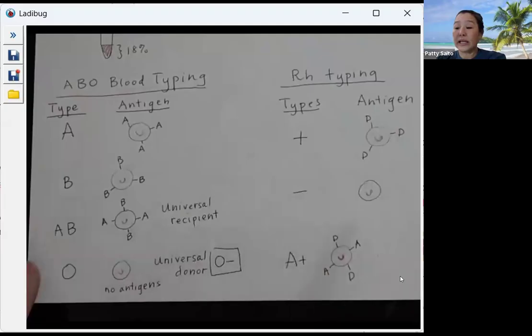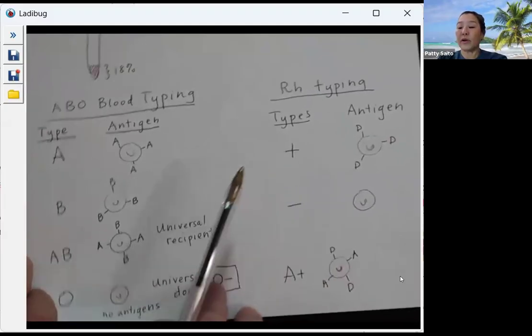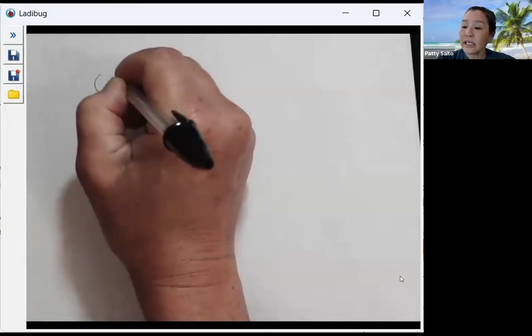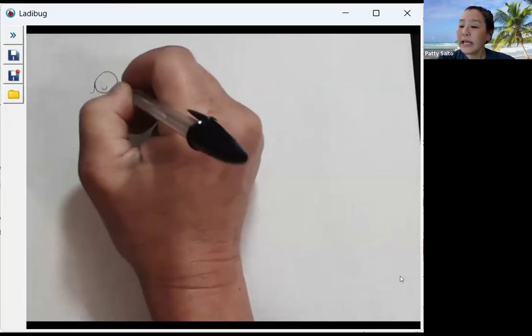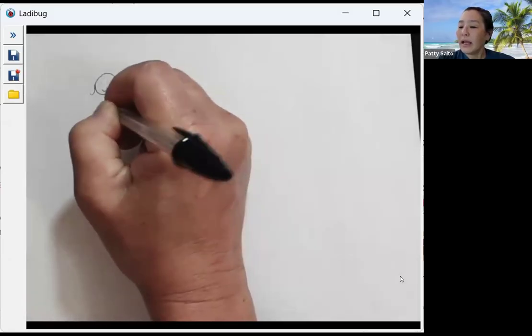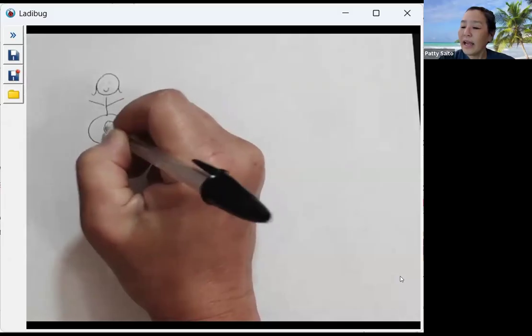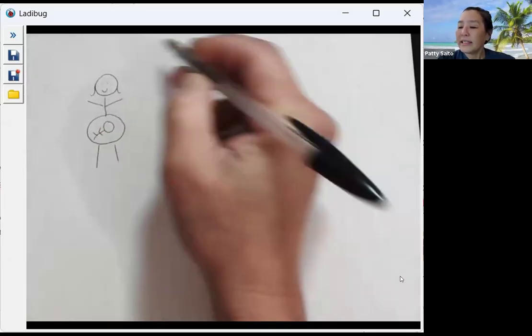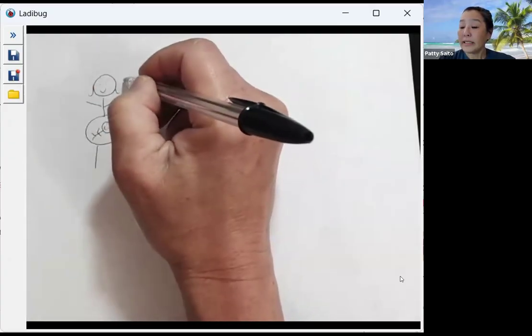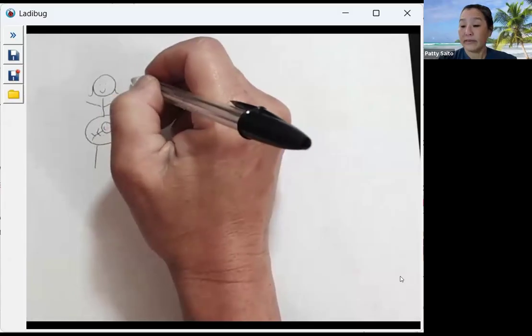So really quickly, what does this mean for, let's say, babies? You may have heard of blood typing being important in giving birth. So let's look at a condition. Let's say the mom is A positive.